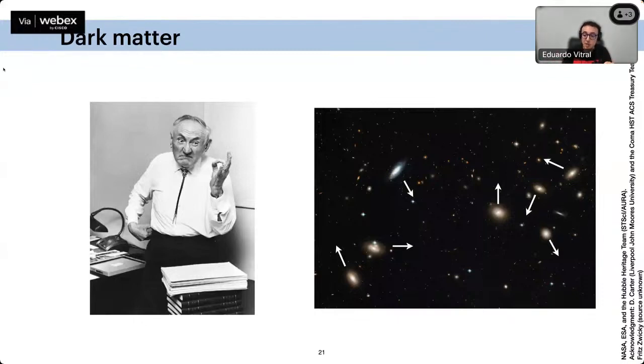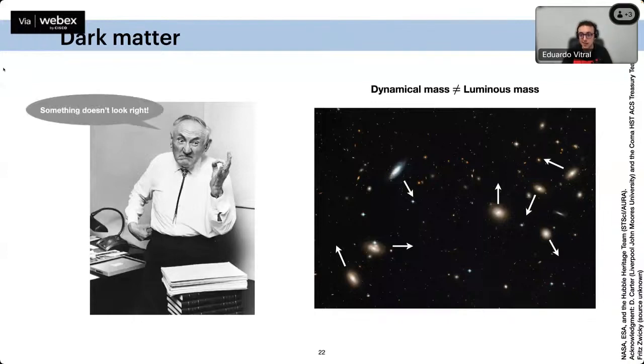He compared it after with the mass that you can estimate from the luminosity coming from those galaxies, and he realized that they were not the same. In fact, the dynamical mass, the mass from gravity, seemed to be much higher, such that something didn't look right. Now, he proposed back in the 30s that this extra mass that he was measuring and not seeing from the luminosity was some sort of dark mass that he coined as dark matter.